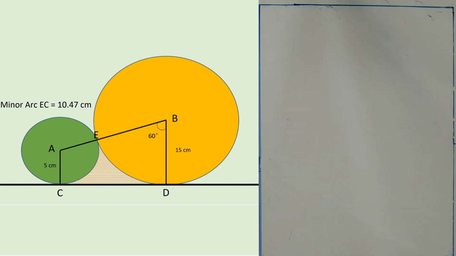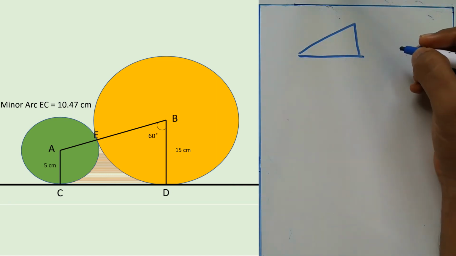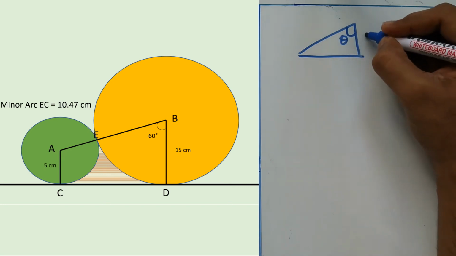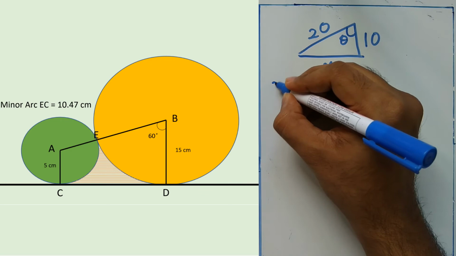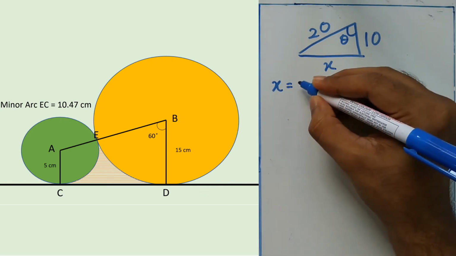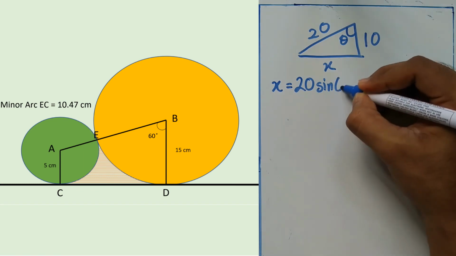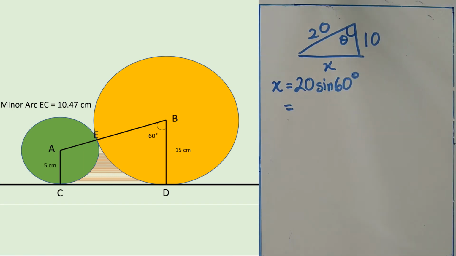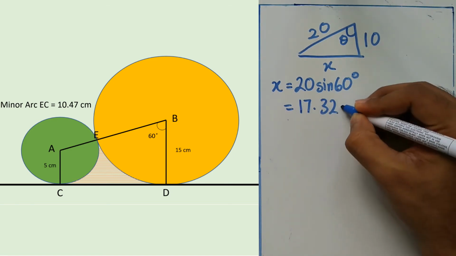To get the horizontal distance of the trapezium, we can use the sine formula on the triangle from part 1, which is 20 sine 60, which will give us 17.32 centimeters.